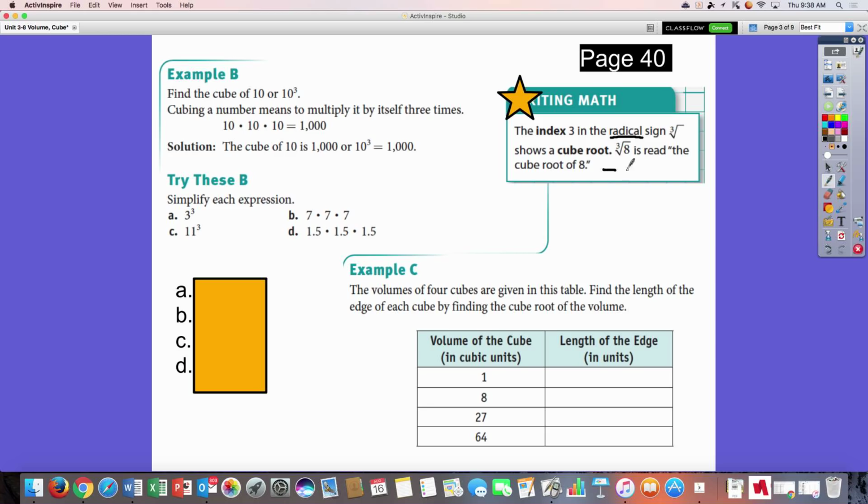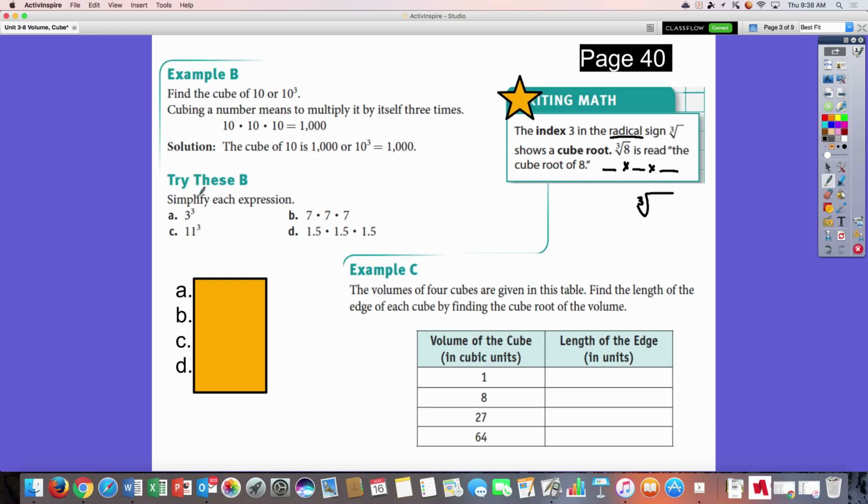That means a number times a number times a number equals 8, and they have to be the same number, like 2 times 2 times 2. It's important to understand the radical sign is this little crazy looking division sign, and whatever you have in here is the root.